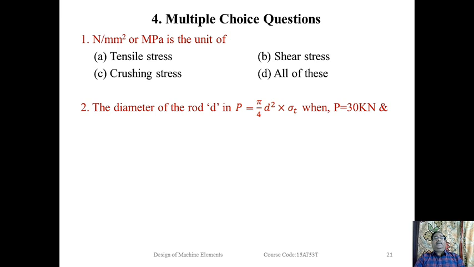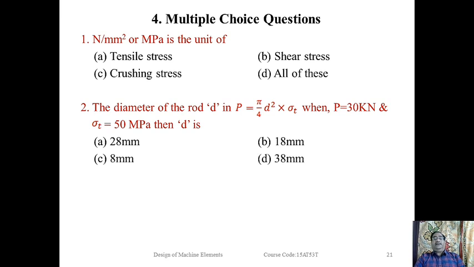Second one, the diameter of the rod D. In the equation, capital P is equal to pi by 4 d square into sigma T, when P is equal to 30 kilonewton and sigma T is equal to 50 megapascal, then the value of D is: A, 28 mm; B, 18 mm; C, 8 mm; and D, 38 mm.